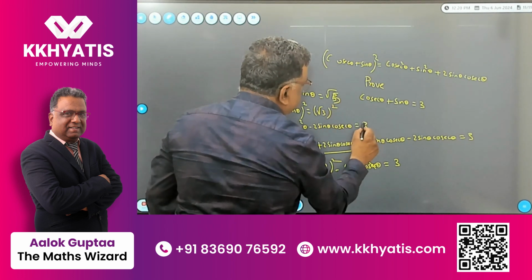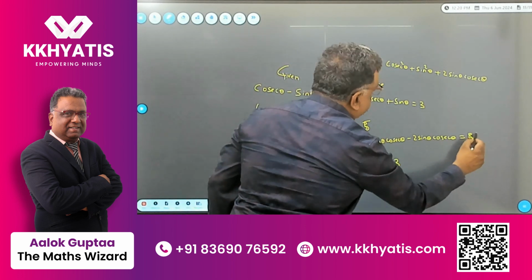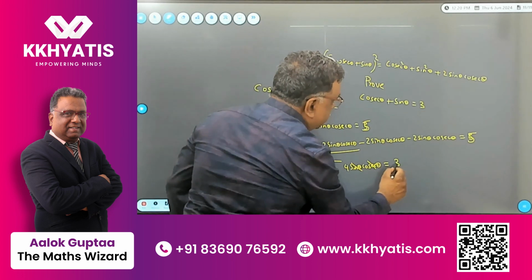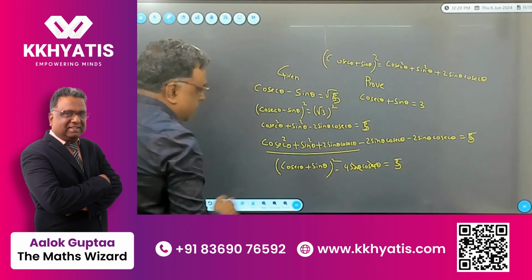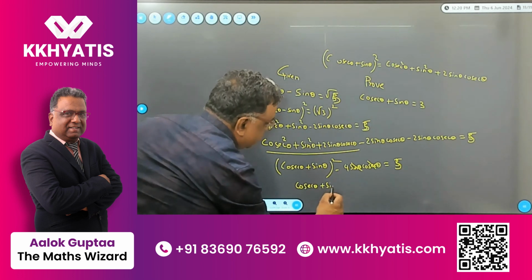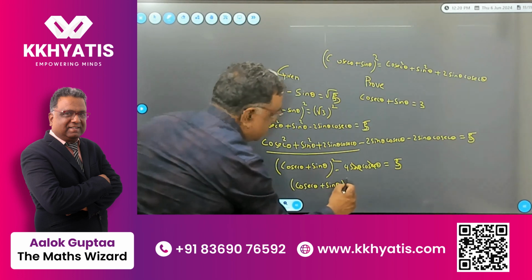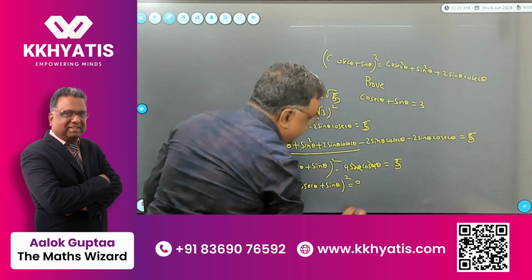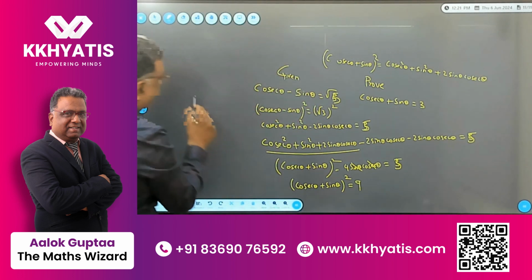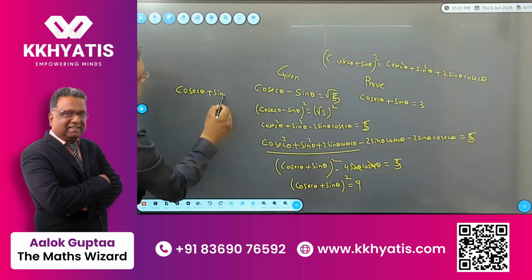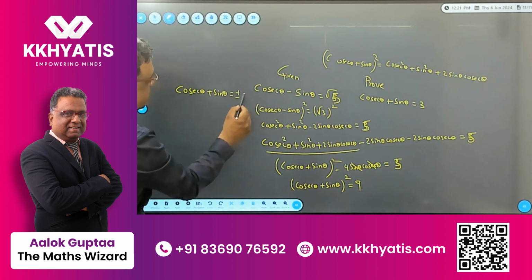Sorry, my mistake. So this will become 5. So this will be 5, right? And this will be 5. Sorry. So now cosec theta plus sin theta the whole square. Now if I take this 4 on that side, it will become 5 plus 4, 9. Now I will simply take square root on both the sides. I will get cosec theta plus sin theta is plus minus 3.